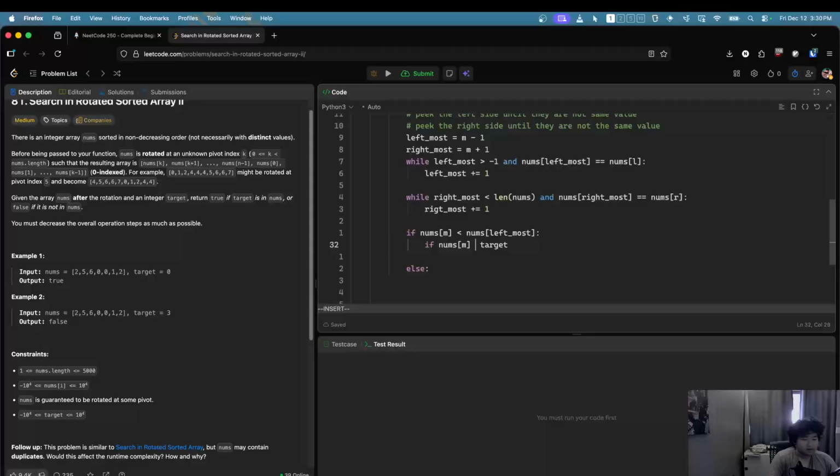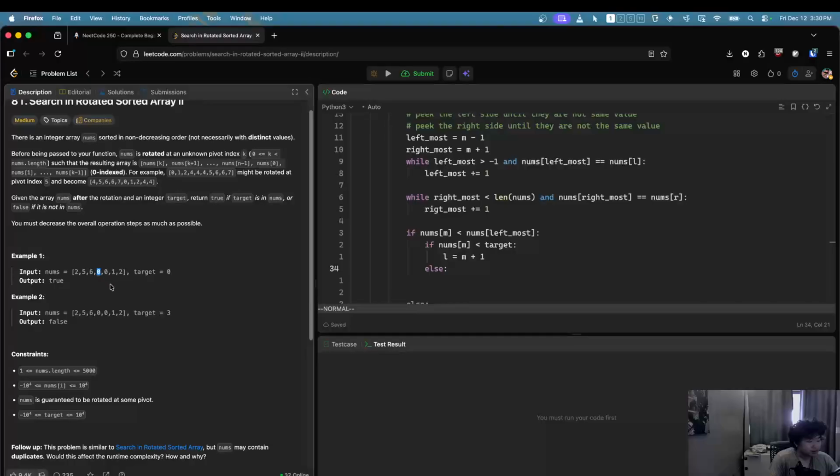So okay, if it's less than target, right? That means it's smaller than the target. We need to move up, so we'll do L equals M plus 1, right? Else, that means we're saying nums is bigger than the target, right?